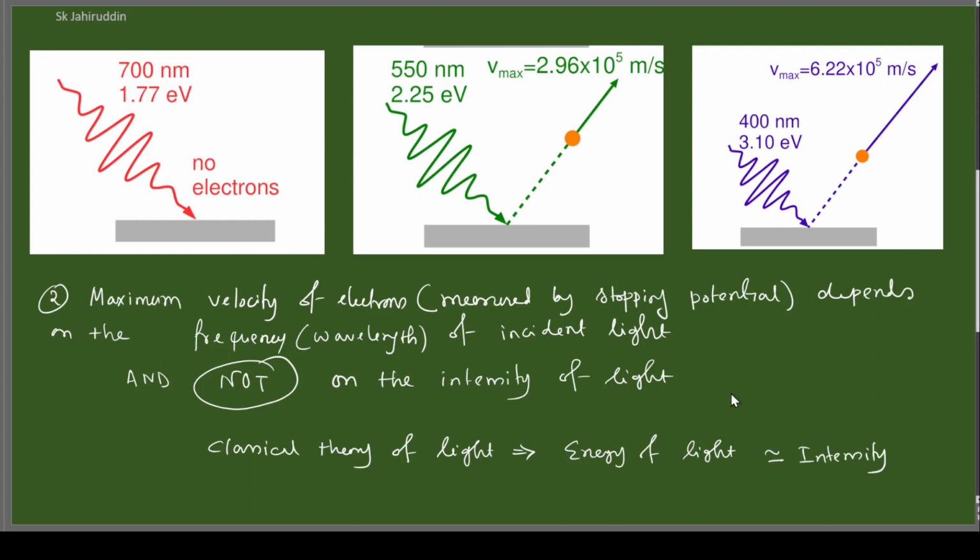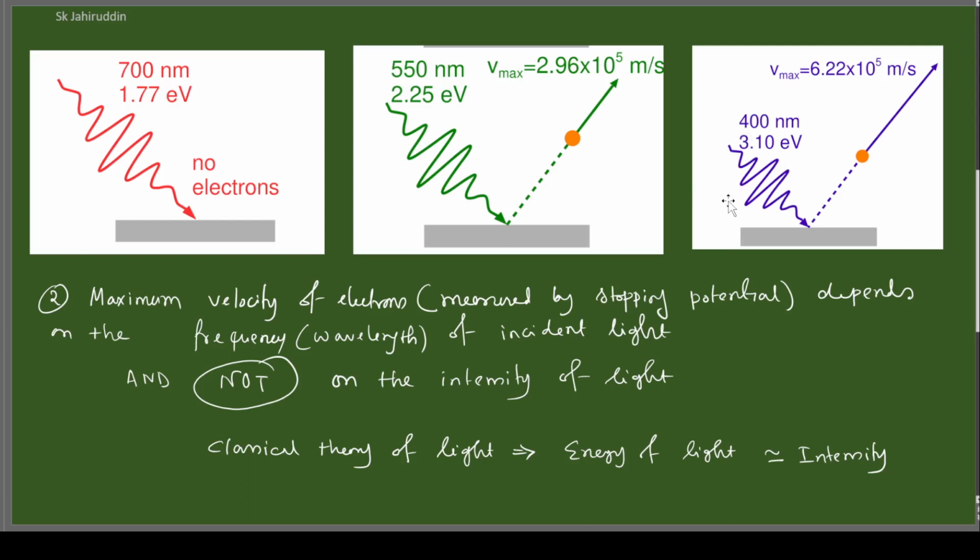But here it seems that the maximum energy of the electron, which of course comes from the incident light, depends on wavelength, not on intensity.